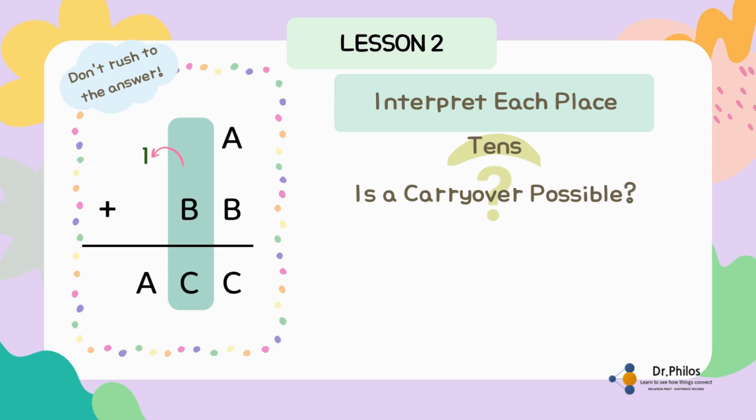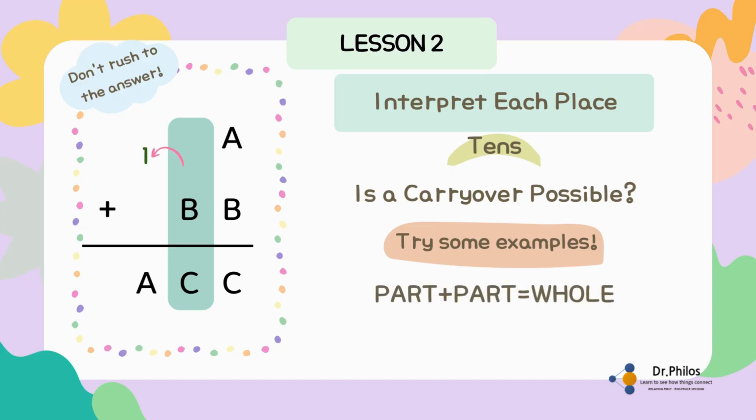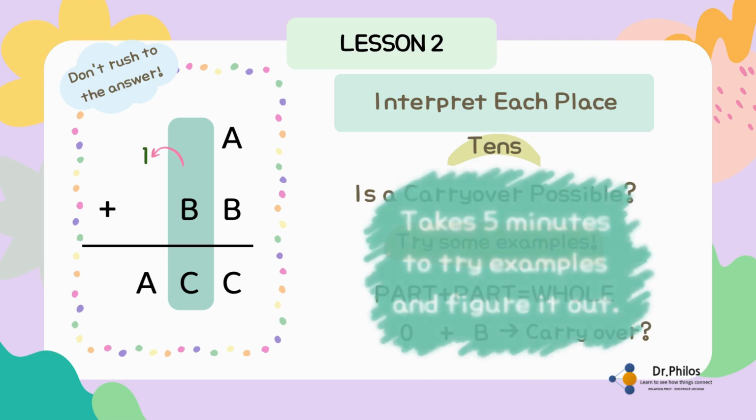What did we agree to do when you don't understand? Try some examples. Right. In the tens place of the part, there is only B. My question is, how is a carryover possible when there is only one number? Try some examples to figure it out.